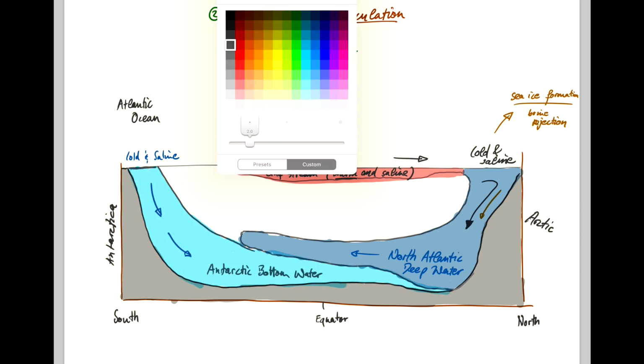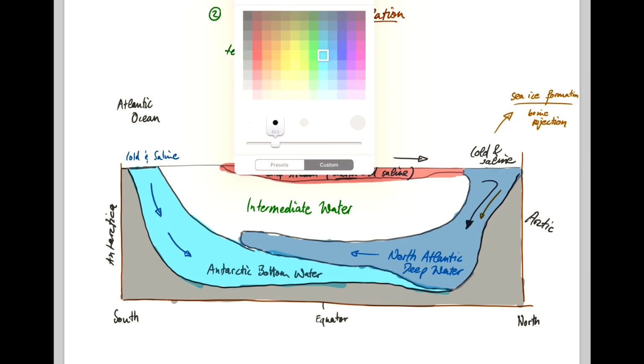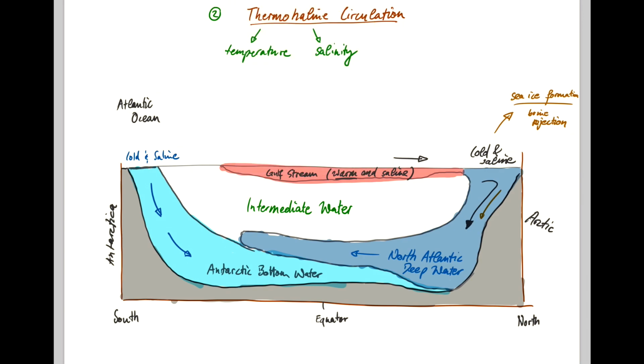And the rest of the water column here is typically referred to as the intermediate water, and doesn't actually play that much of an active part in the circulation of the Atlantic.